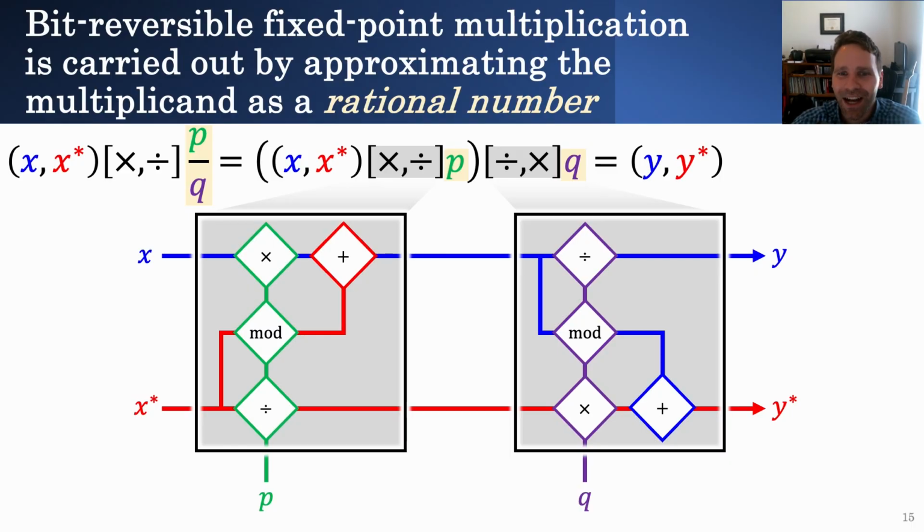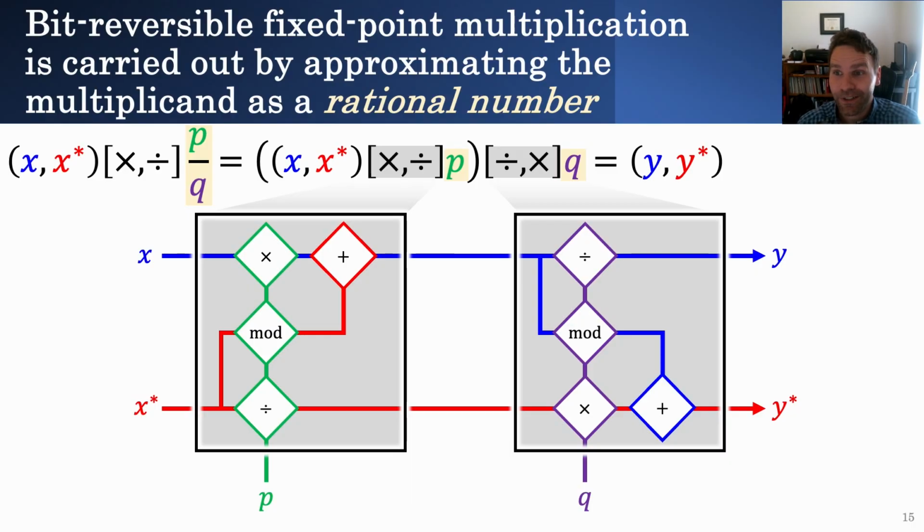Using these operations of multiplication and division in a pairwise sense, you can effectively carry out these multiplications by a real number approximated as a rational number by applying both of these operations in sequence, and that too is by construction a reversible operation. So now we have a way of doing reversible multiplication of numbers using this whole extended approach of a reversible paired integer multiplication and division operator.